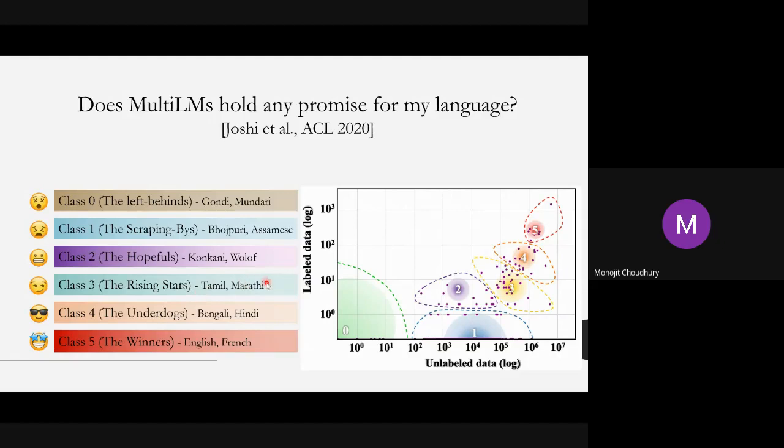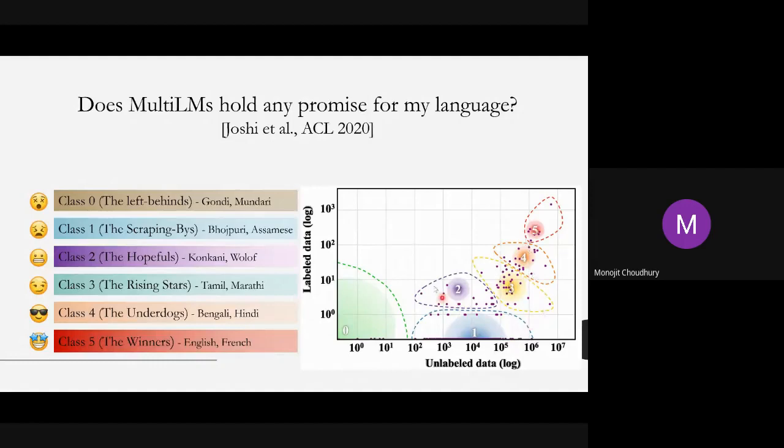Tamil and Marathi are the 2 Indian languages which fall in class 3. Bengali and Hindi are the only 2 Indian languages which fall in class 4. Everything else is in 2, 1, and 0. So 2 has a language like Konkani, and Assamese and Bhojpuri are in 1. And Santhali, which is one of the 22 scheduled Indian languages, falls in class 0. So you see, most of the Indian languages do not have much hope from all this, unfortunately.